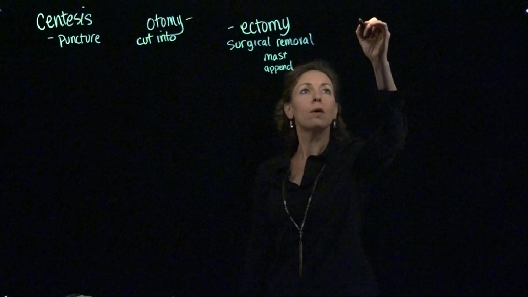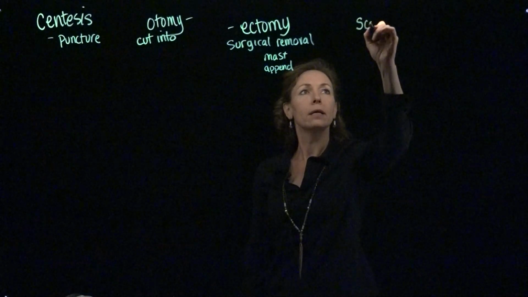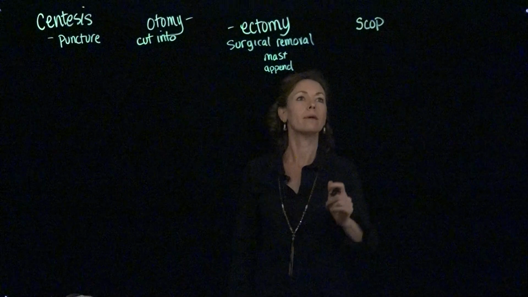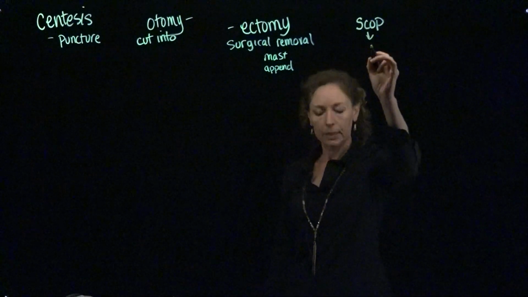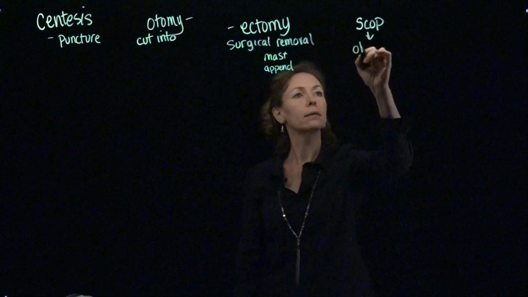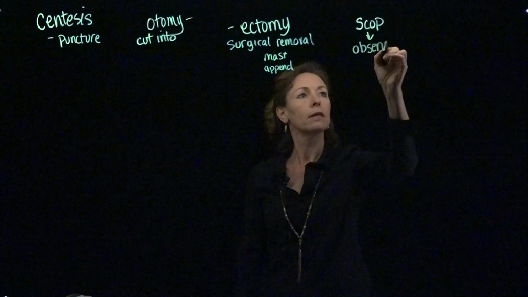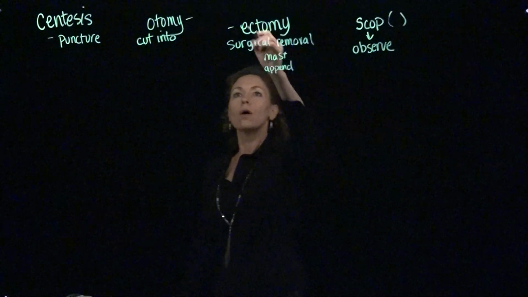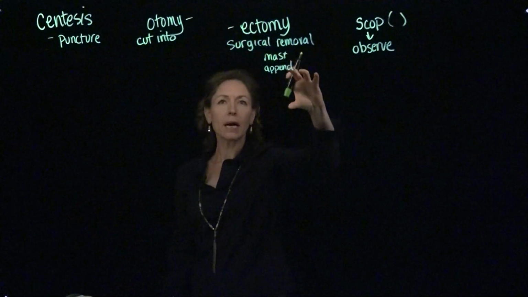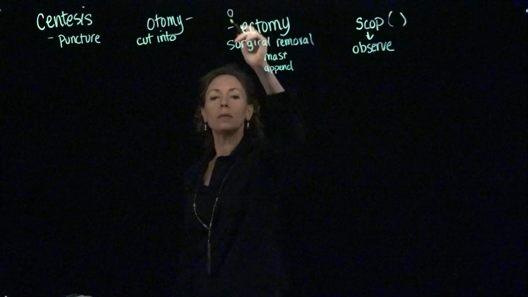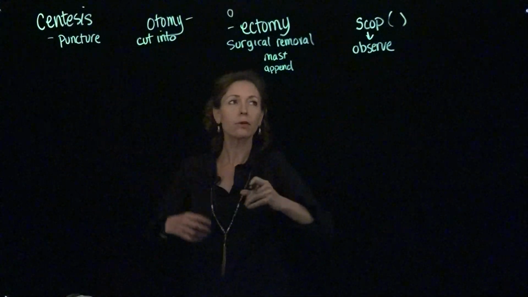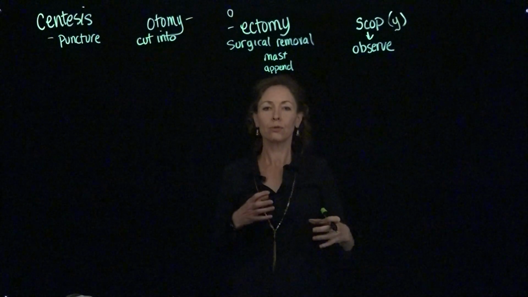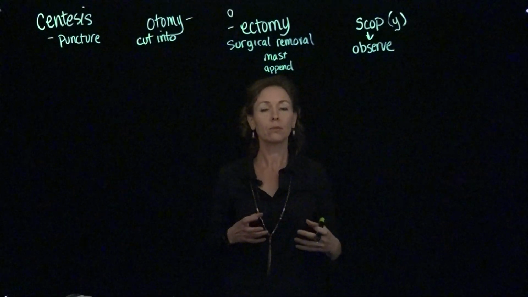Also, in the OR, we can do a scope, and not just the OR, I shouldn't say that. Scope means to observe something. So often, you're going to find that as we combine words, we put an O between them to join them together. We may put a Y on the end of them to turn the word into a pronounceable word.